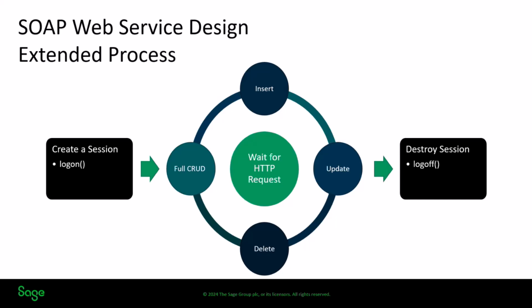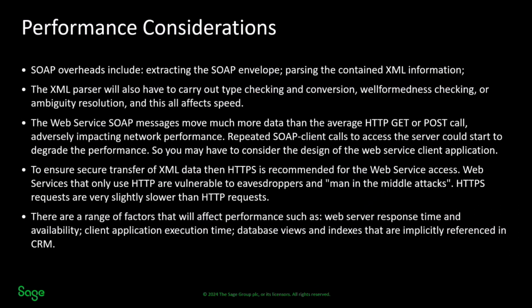In fact, the test harness is exactly that design. So you can see and experience that you log on using a standard user name and password, and then you can do what work you like until finally you decide to log off and destroy the session.